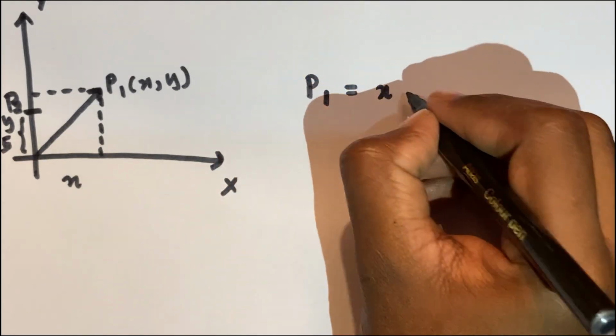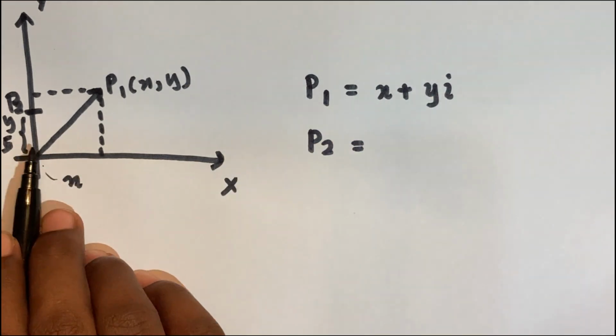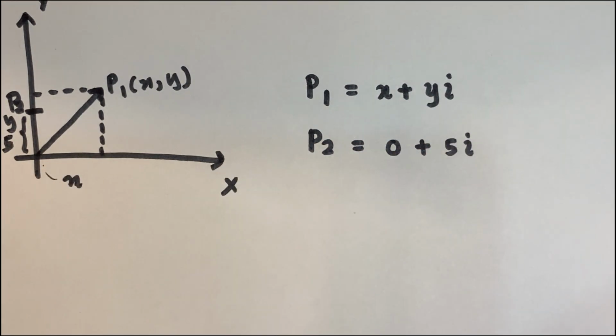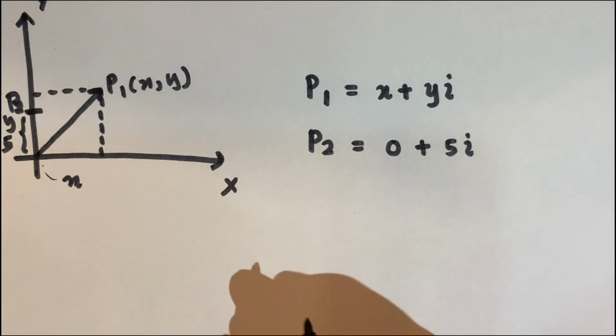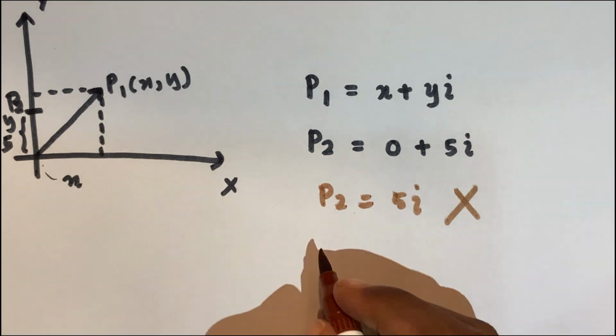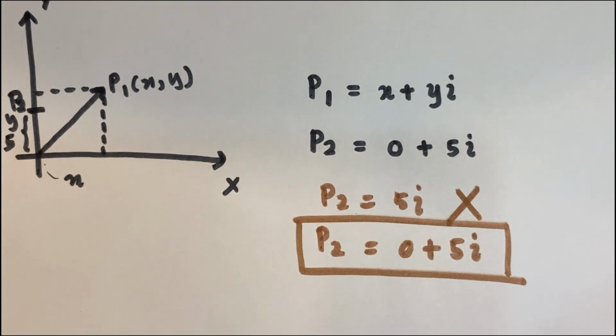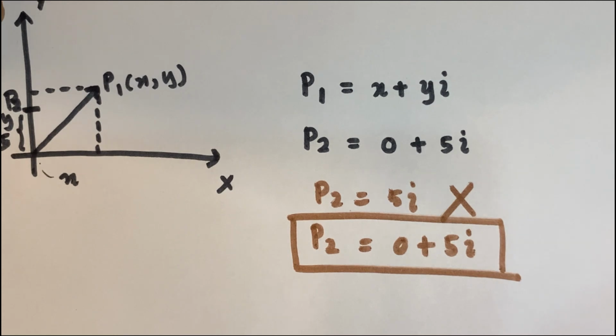So you can write it like this: P1 equals x plus yi and P2 equals 0 plus 5i. Remember this. Do not write P2 equals 5i, it is not the better way. Always write like this. P2 equals 0 plus 5i.